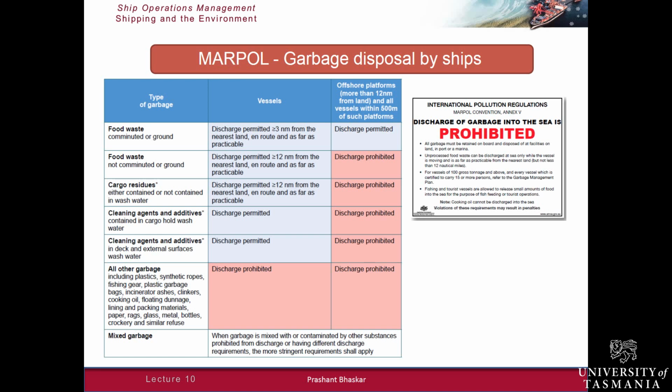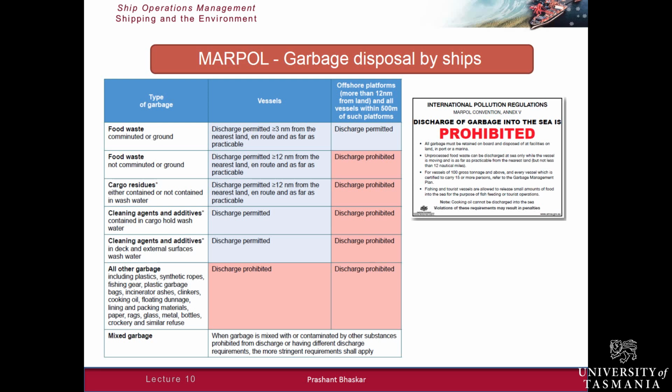So, if we are talking about food waste, if it has been ground down to very small pieces, then the discharge is permitted at a distance greater than 3 nautical miles from the nearest land. If it has not been ground, then the ship has to be at least 12 miles from the nearest land. Now, you do have cargo residues that have to be disposed of.